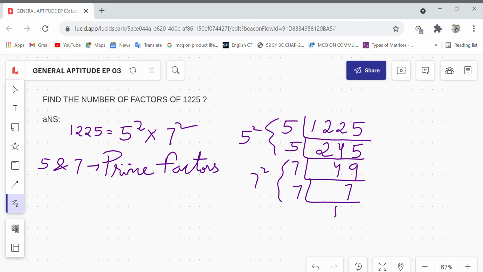So, the question is to find the number of factors. For the number of factors, we know the formula: p plus 1 into q plus 1 into r plus 1. So, here you have p and q.